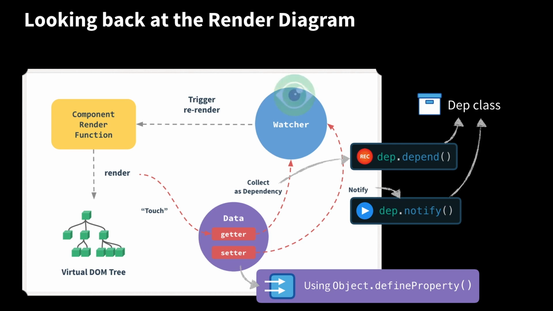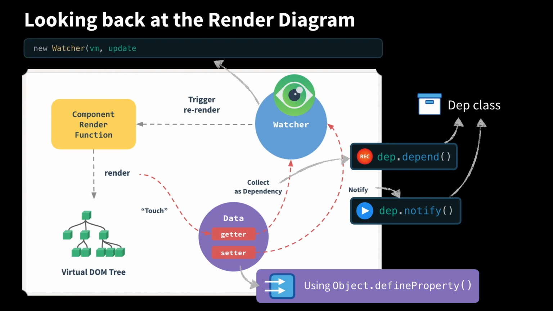We have our watcher class, which we just took a look at. And our watcher gets created inside Vue by running this line you see here. Our anonymous function is inside the updateComponent parameter. That renders our component function and gets called every time a reactive property is set.